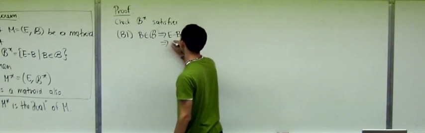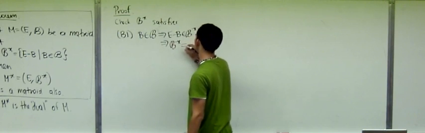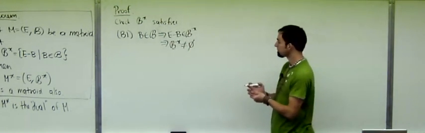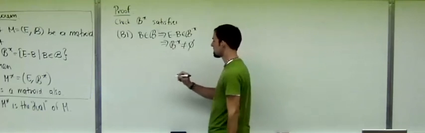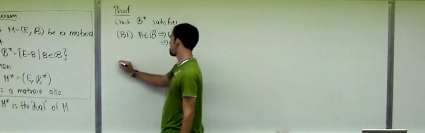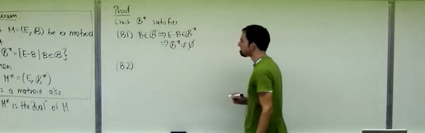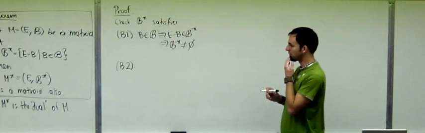And so therefore, B star is not the empty set. Okay, so again, this is kind of trivial. And now we have to check B2.